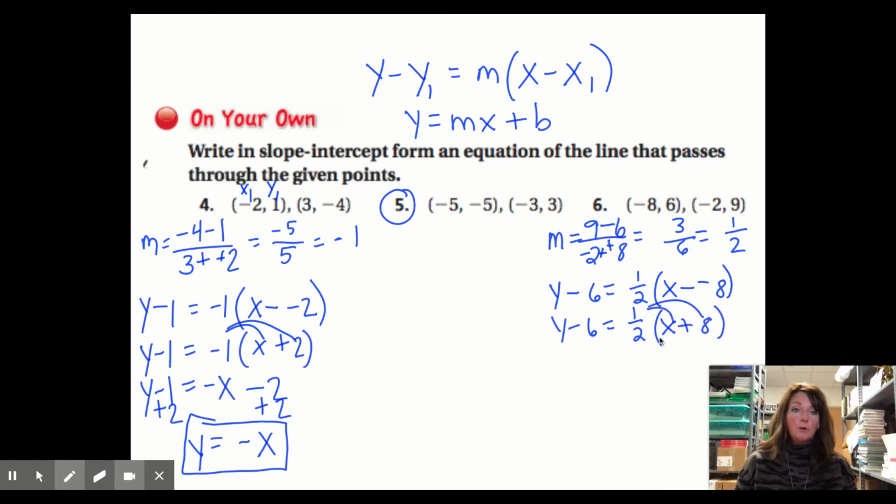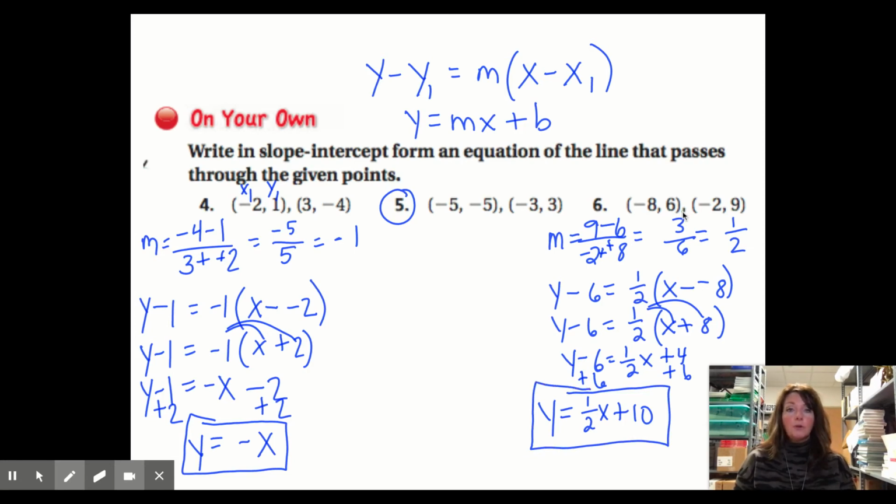Now I'm ready to distribute. Y minus 6 is equal to 1/2 of x, and then half of 8 is 4, and then I'll add 6. So I'll get the slope intercept form of y equals 1/2 of x plus 10.